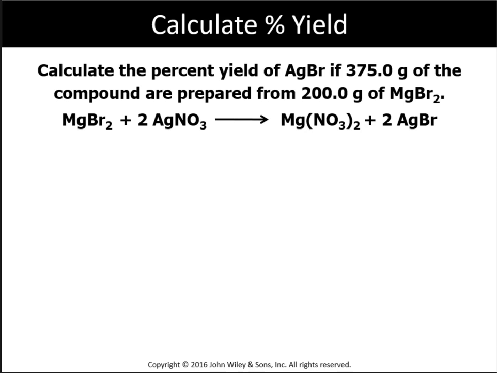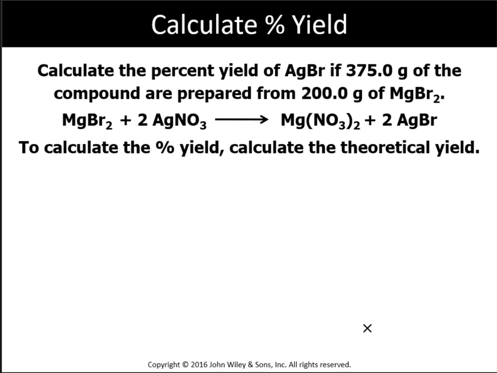So we want to know what the percent yield is. To find it, we have to find the theoretical yield, meaning if we use 200 grams of magnesium bromide, how much silver bromide do we expect to get? Once you know how much you expect to get, you're already given the experimental yield, which is 375, so then you can find the percent yield.